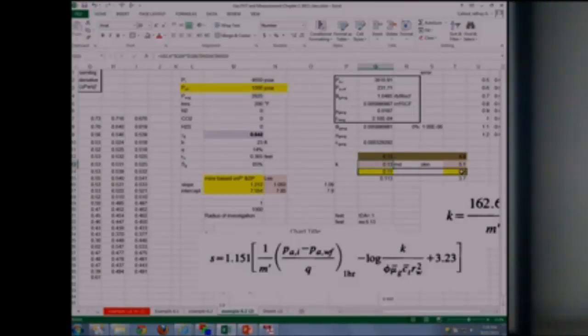Using the textbook, I would have probably gotten a higher skin, although using their slope, I'm getting 5.1. But definitely, the textbook analysis is telling me that there's more damage than I believe is shown in the data.